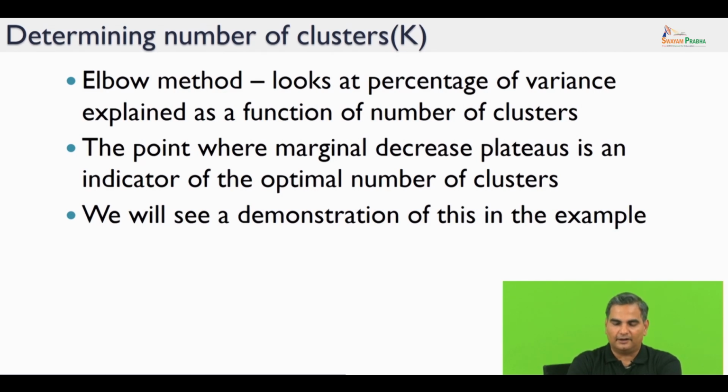So, this is called an elbow method, and you will see a demonstration of this in the case study that follows this lecture. You will see how this plot looks and how you can make judgments about the optimal number of clusters that you should use. Basically, this approach uses what is called the percentage of variance explained as a function of number of clusters. Those are very typical looking plots, and you can look at those and figure out what the optimal number of clusters is.